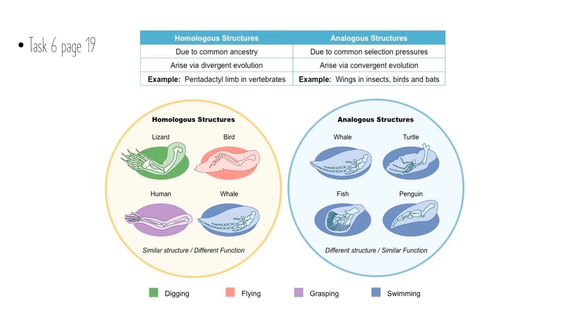Whereas analogous structures, due to common selection pressures, arise via convergent evolution, which is our second type of evolution we're going to talk about. We can see that in examples of things that have flight, such as wings in insects, birds, and bats. These all come from different classes of animal and have the same purpose. Whereas homologous structures will have a different purpose, as shown by the colors in this diagram, but similar structures.